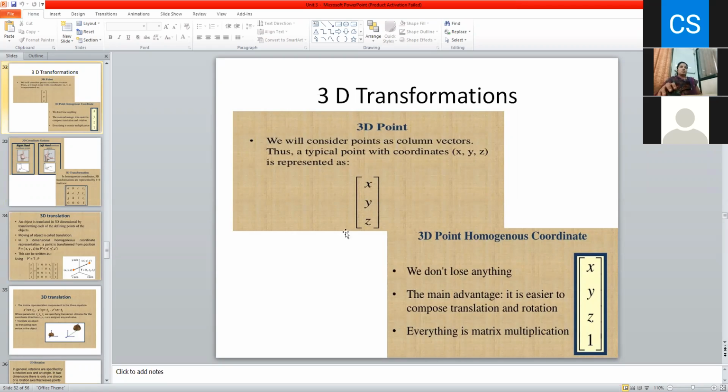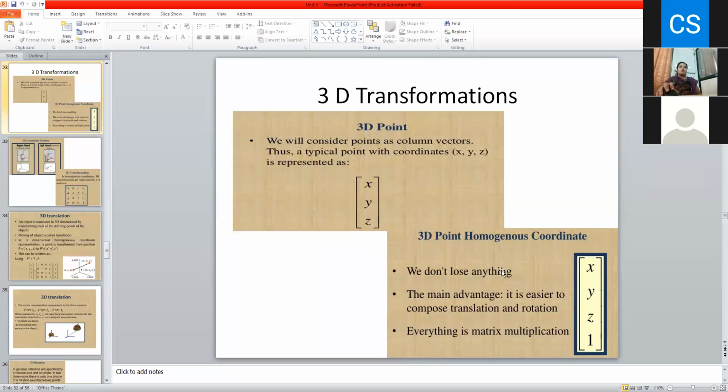The coordinate in 3D is represented with its x, y, z values as specified here. So either you can have a 3 rows, 1 column format, or a 1 row, 3 column format. Any way you can represent your 3D point.